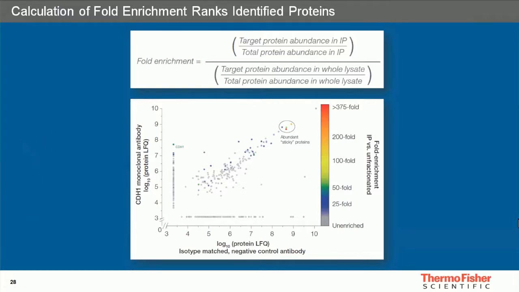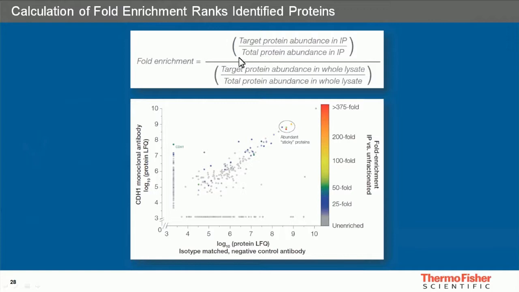So the way we calculate the fold enrichment of a given target using this IP-MS approach is we calculate the target protein abundance in the IP and divide that by the total protein abundance in the IP. And then we take the ratio of that over the target protein abundance in a whole cell lysate divided by the total protein abundance in the whole cell lysate. So in a previous example, we looked at TP53.